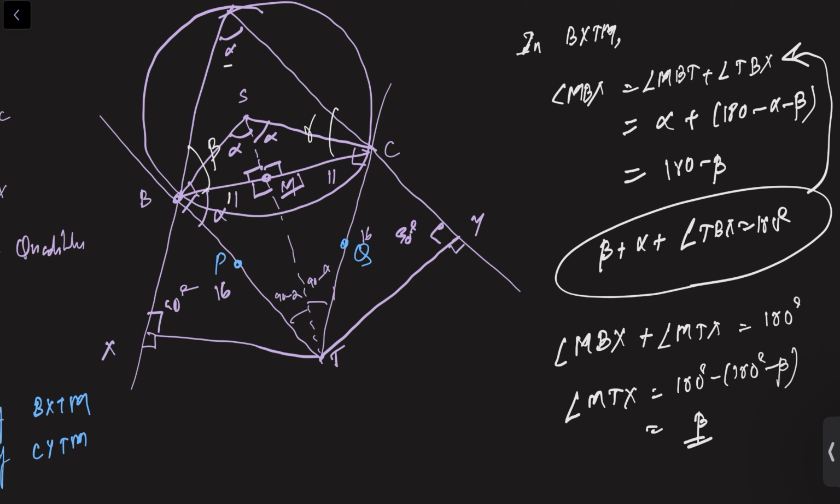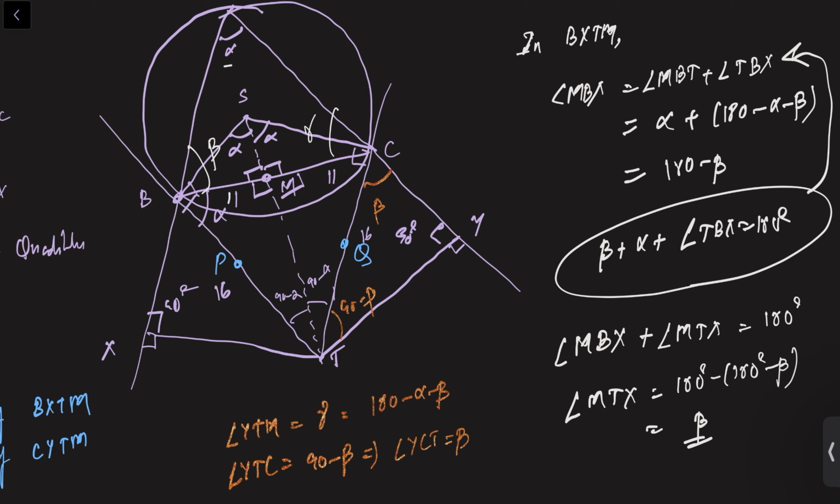In a similar way, we can also see, suppose we consider angle YTM as gamma, that is nothing but 180 minus alpha minus beta. So YTC will be 90 minus beta, so that means angle YCT will be beta. So YCT will be beta, and this will be 90 minus beta.